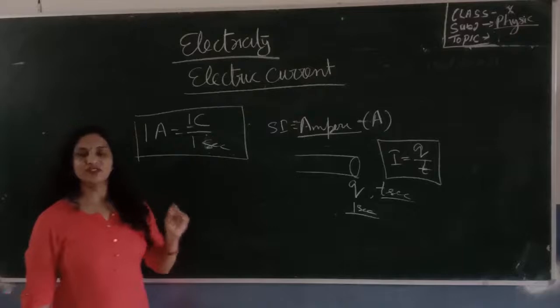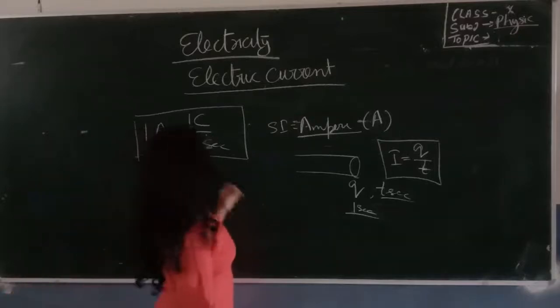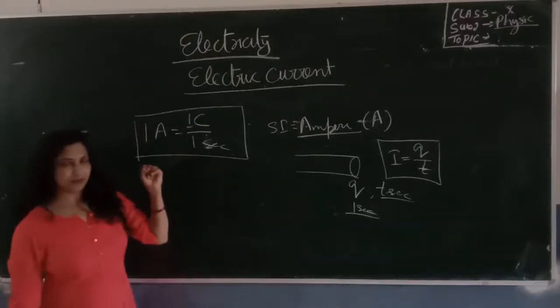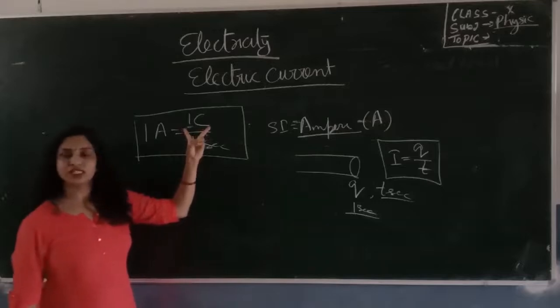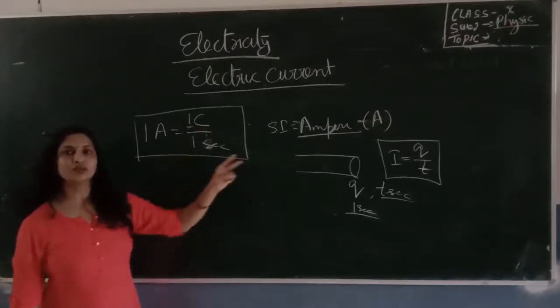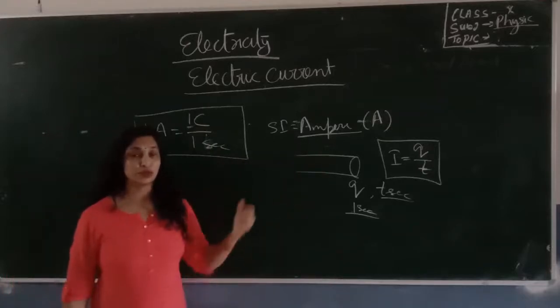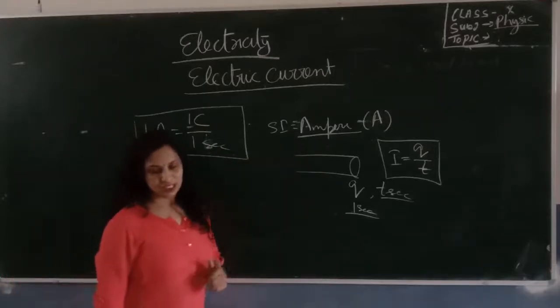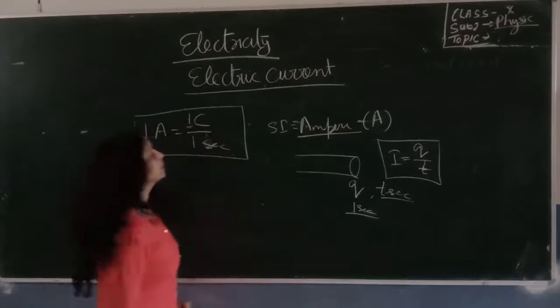You can write this definition in your notebook: if 1 coulomb of charge is flowing through any cross section in 1 second, the current flowing through this wire is called 1 ampere.